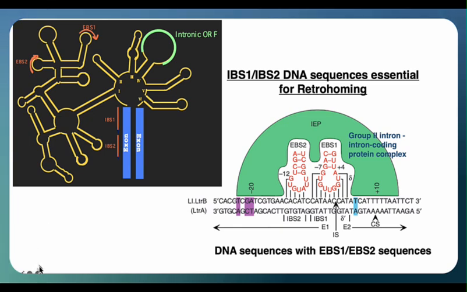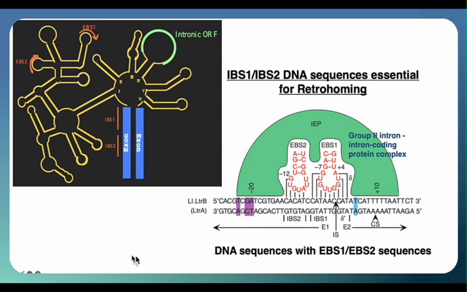For the excision of Group II introns, it is important that stable hydrogen bonds are formed between these RNA sequences. This refers to the hydrogen bond formation between IBS1 and EBS1, and IBS2 and EBS2.